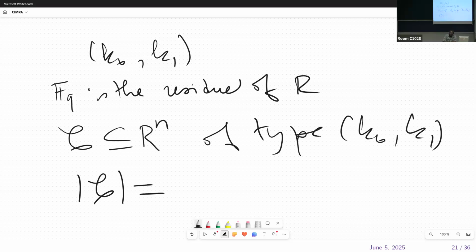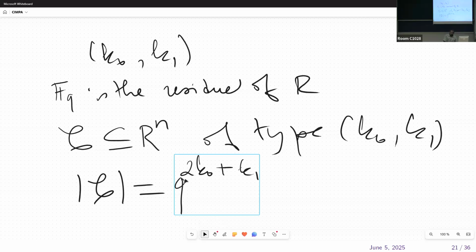The cardinality of C is equal to Q to the power 2K0 plus K1. This is the method to compute the cardinality of C when we know its type.